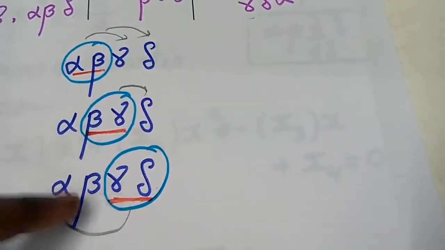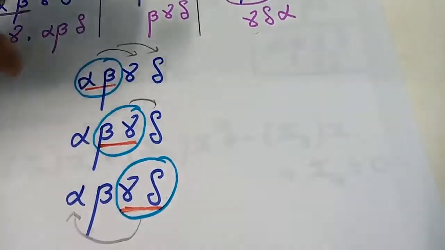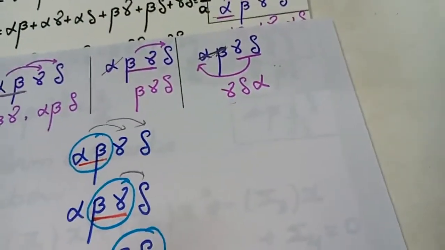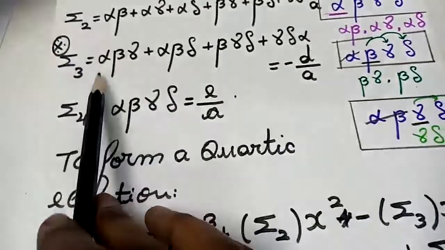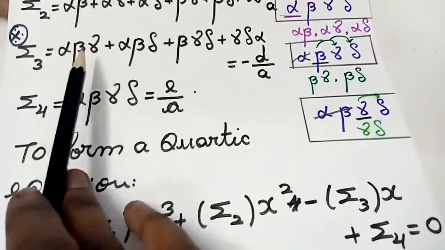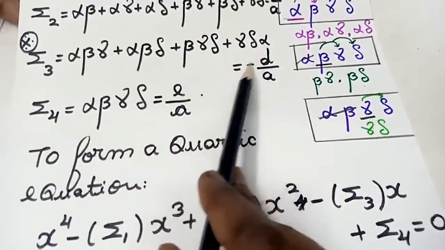Alpha, beta, alpha, omega, I already have the value here, so I'm not bringing this term again. So 1, 2, 3, 4. These 4 values I'm writing here, that is summation 3, equal to minus d by a.